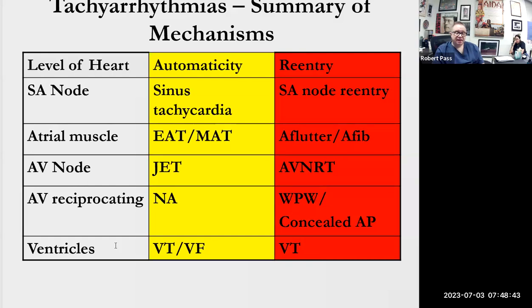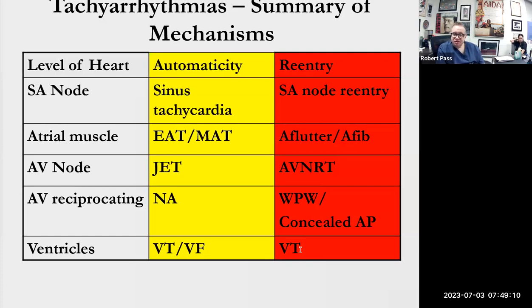And then finally, when we get to the level of the ventricles, there are both automatic and reentrant forms of ventricular tachycardia. The reentrant forms of VT are typically seen in people who have a certain scar in their ventricle. So a classic example in pediatrics would be patients who've had tetralogy of Fallot repair. There are actually specific areas that are very typical.